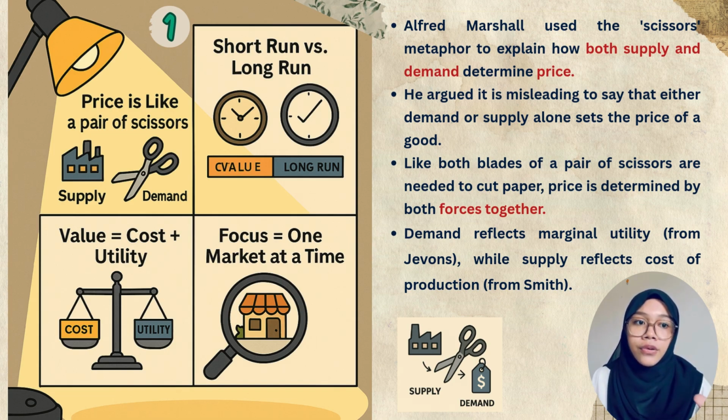The other blade represents demand, based on marginal utility, an idea from Jevons, the marginalist school. So the market price, according to Marshall, is found where supply and demand intersect. This metaphor reflects his larger theme that price is never one-sided. It's always a result of both forces working together.